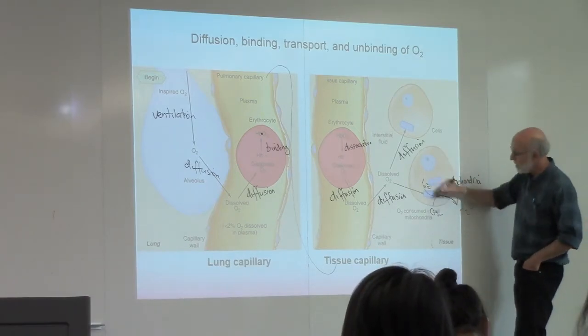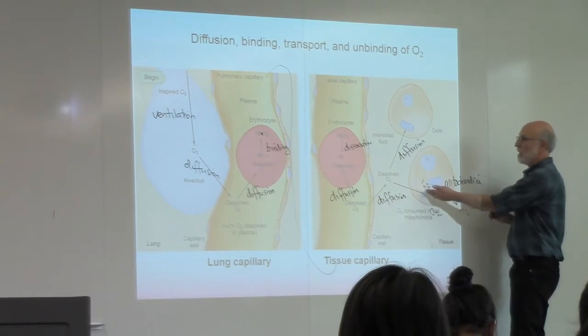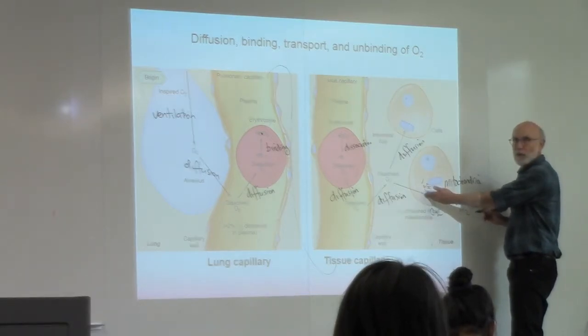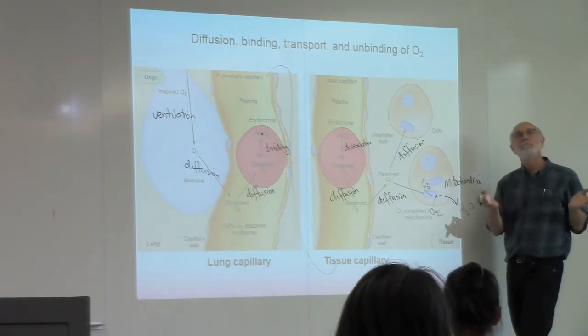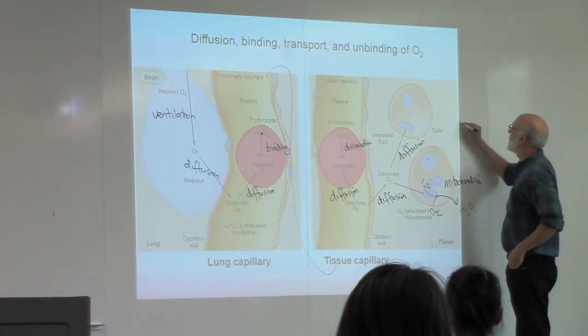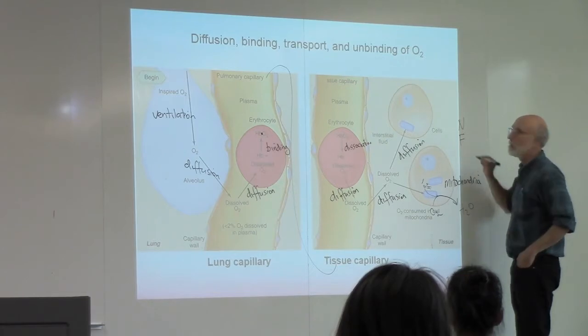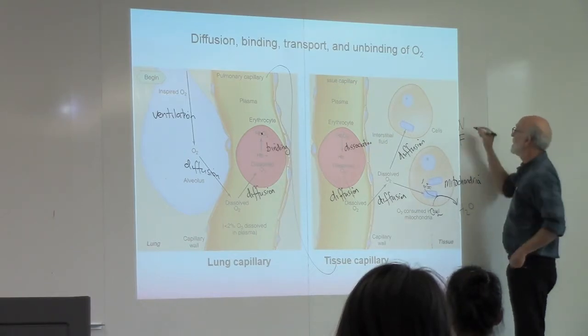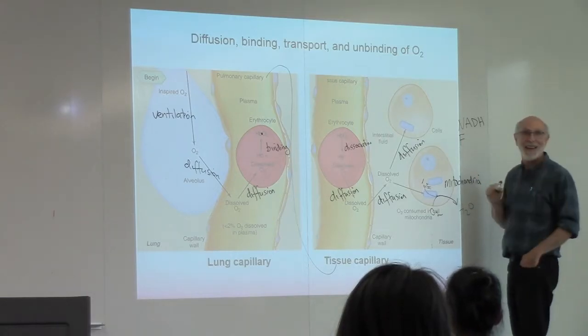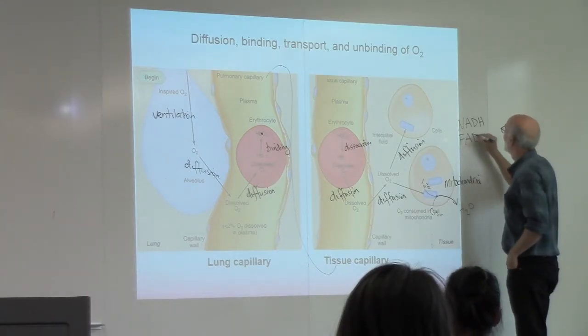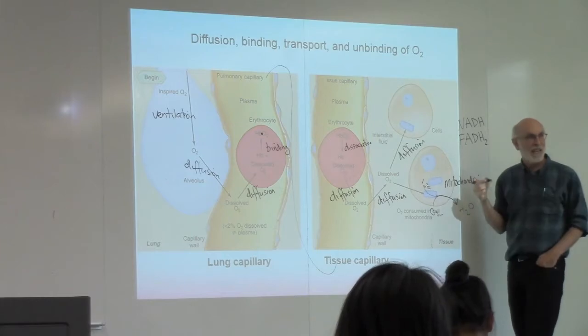But the electrons, oxygen is the final electron transport acceptor. Where did those electrons come from? Two words. One begins with an N and the other begins with an F. NADH. FADH2. The high energy electron carriers.